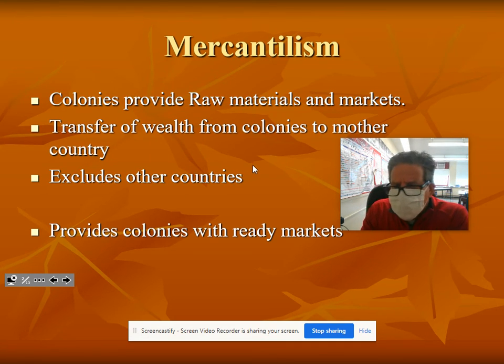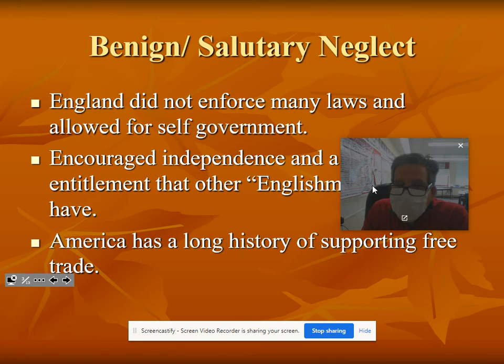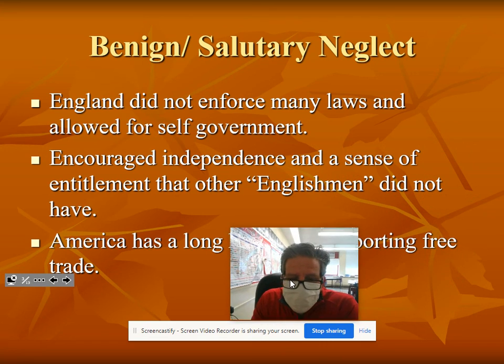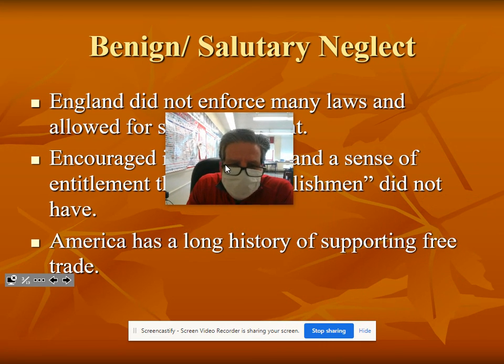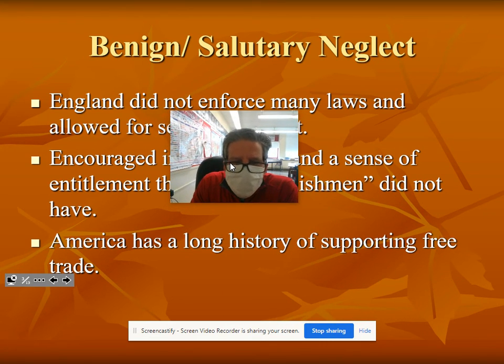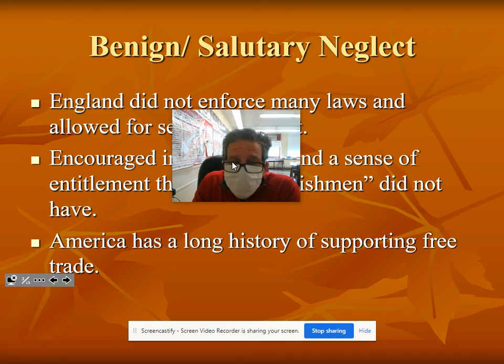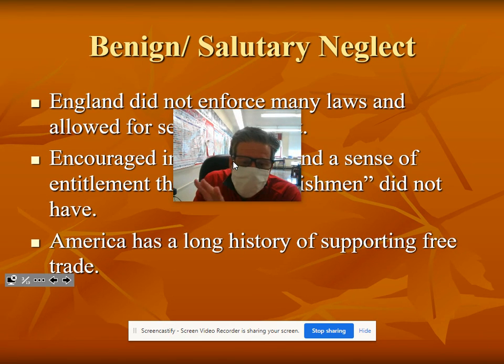They're still able to trade with France. They're still able to trade with Spain. This idea of salutary neglect is going to have a huge impact on the American Revolution. So when the American Revolution comes, in large part, certainly a major role is going to be England's abandonment of salutary neglect.